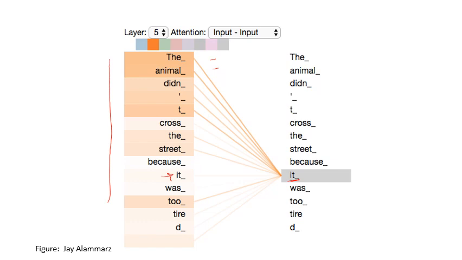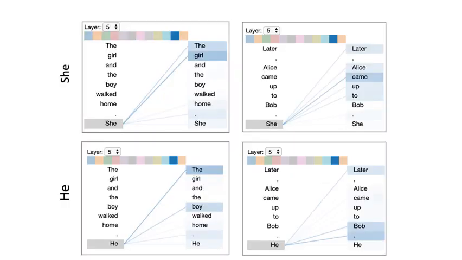So when I want to compute the value for it, it's a linear sum of some values of all of these words, and you can see that the coefficient of the animal is larger than others. So basically, in layer 5, what the model learned is that this it refers to the animal, not to street. There are many things that will be learned.